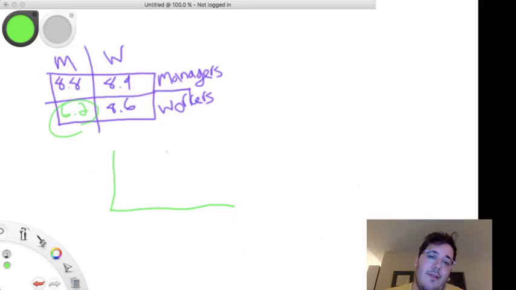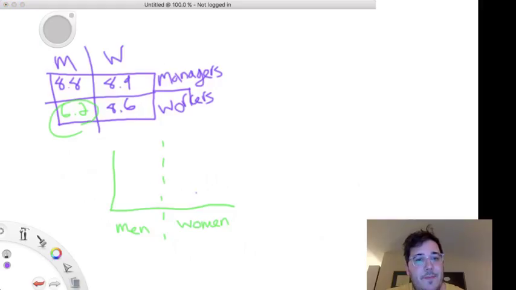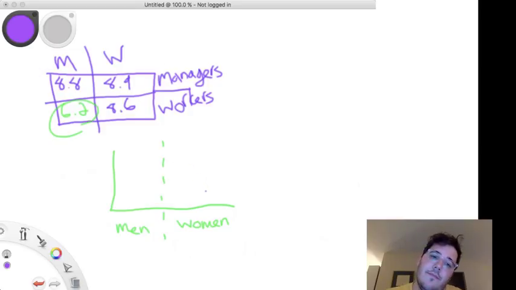let's say here we have men, and here we have women. We have a graph that looks like, no, I'm sorry, I drew this the wrong way.